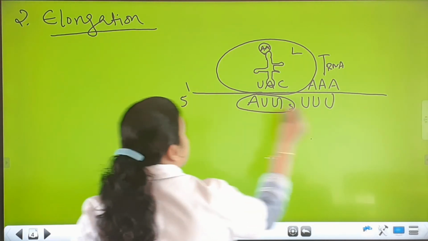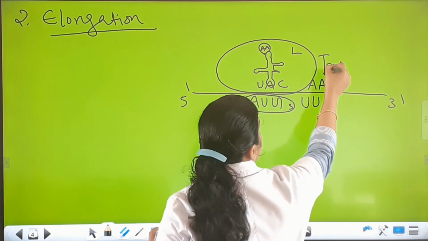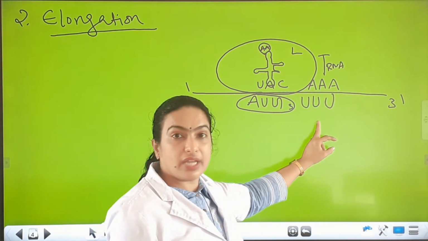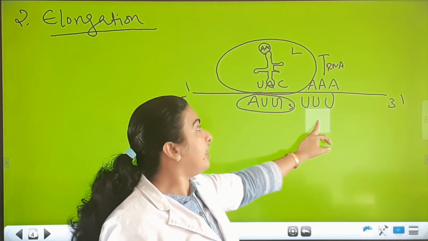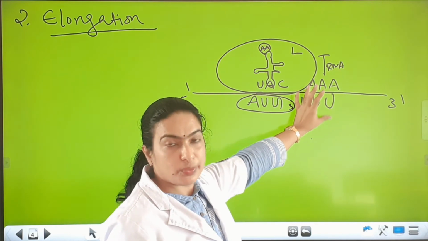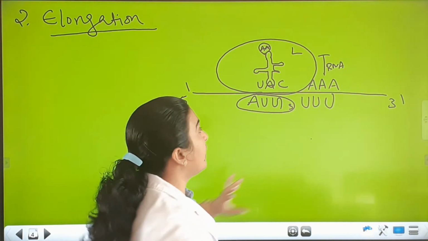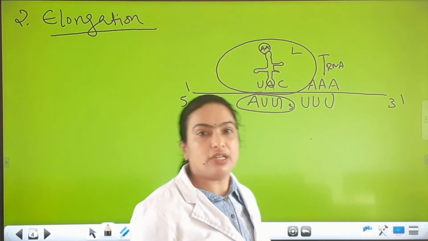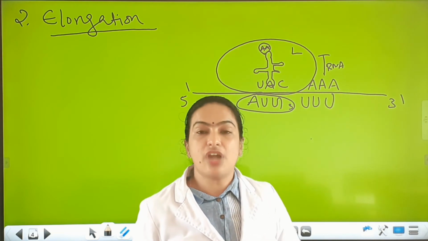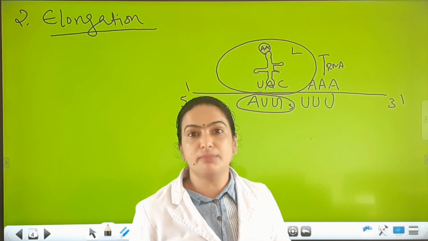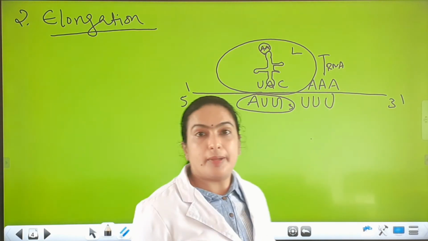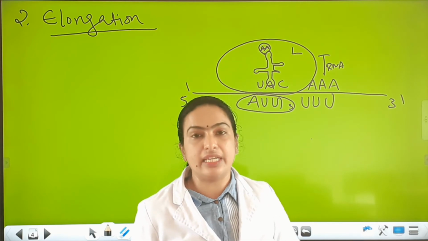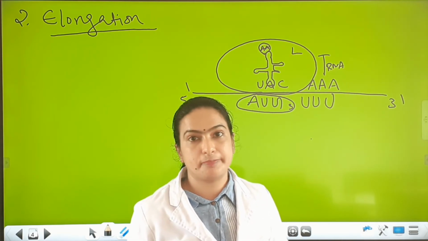Next, the charged tRNA with the anticodon complementary to the codon of mRNA binds with the mRNA codon. At that time, the first tRNA is released from the ribosomal complex. When the second charged tRNA along with its amino acid base pairs with the mRNA codon, the first tRNA is released from the ribosomal complex.